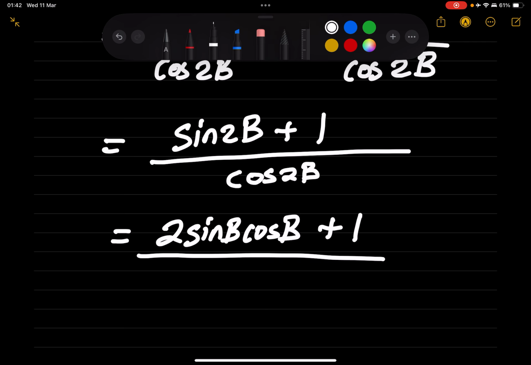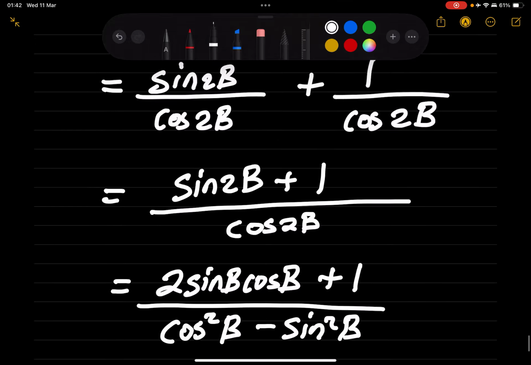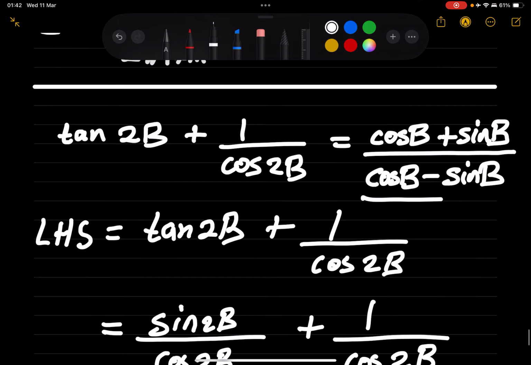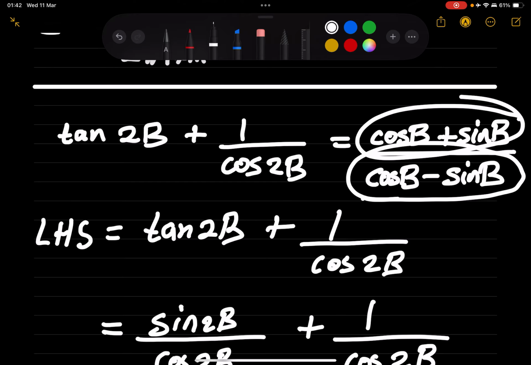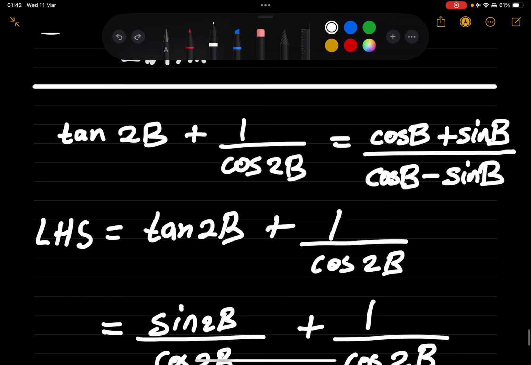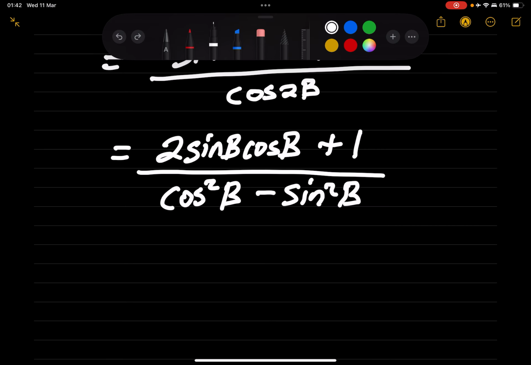We know that cos 2b can be written in 3 ways, but I'm going to choose this one, cos squared b minus sine squared b. I'll tell you why I choose this one. Because I see that here I have something that has both cosines and sines. You see it? So that's why I chose this one.